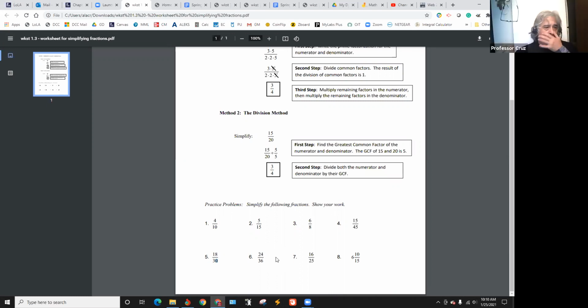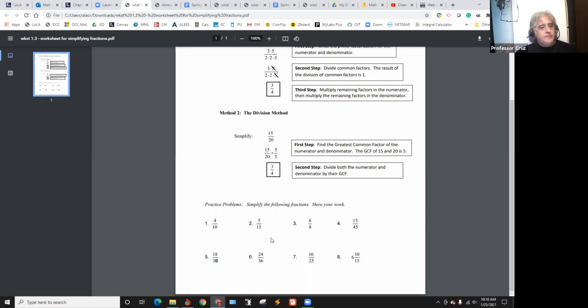Once you've got it broken down into prime factors, because you can't break down 2 anymore or 5 anymore, then you can't go any further. So this is 2/5.